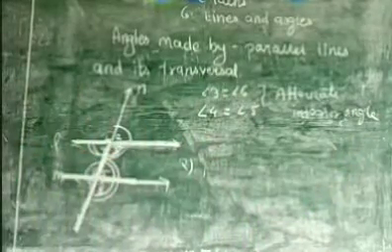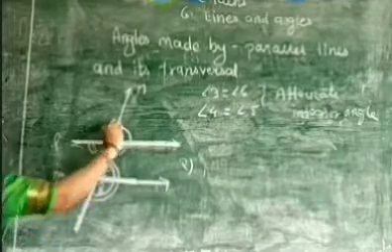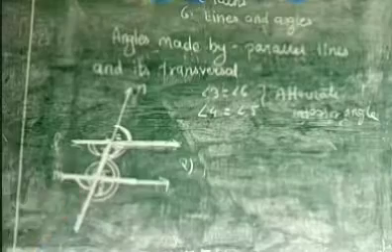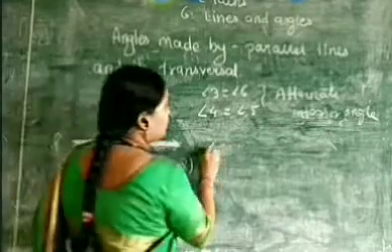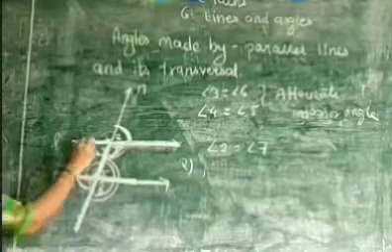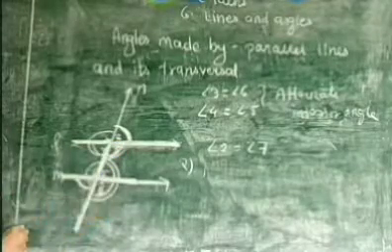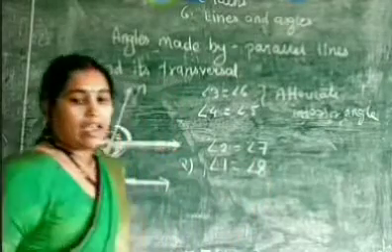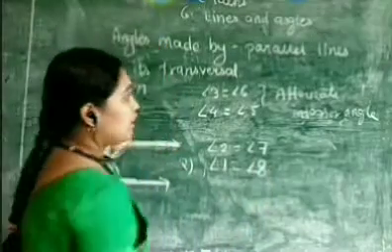Now, angle 2 and angle 7 are equal. Then angle 1 and angle 8 are equal. They form an alternate exterior angle pair, so they are also equal.